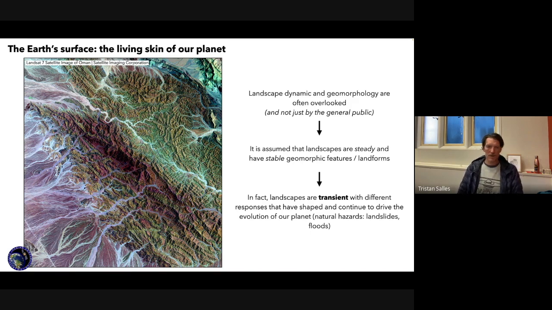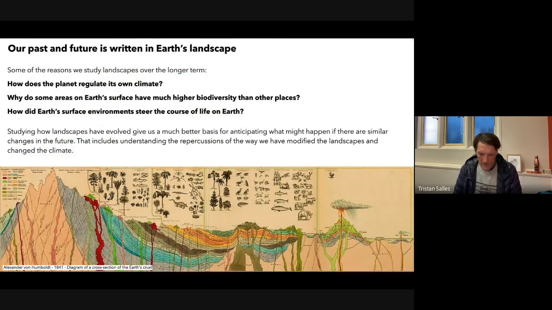So what is the reason for looking at Earth's evolution over millions of years? What we know is that the Earth's landscape is a record of what happened in the past, and can also give us some clue about how this surface is going to change in the future. There are many reasons why we should look at it, but here I'm just providing three really important reasons.